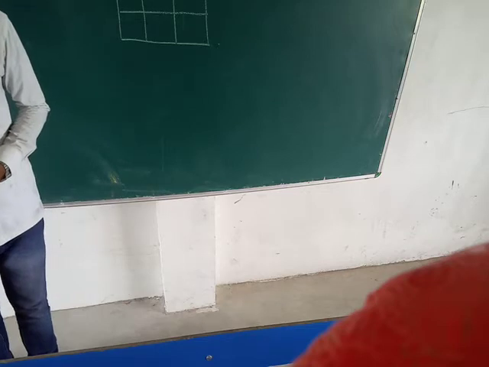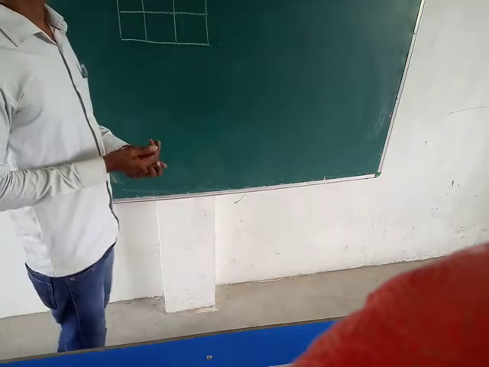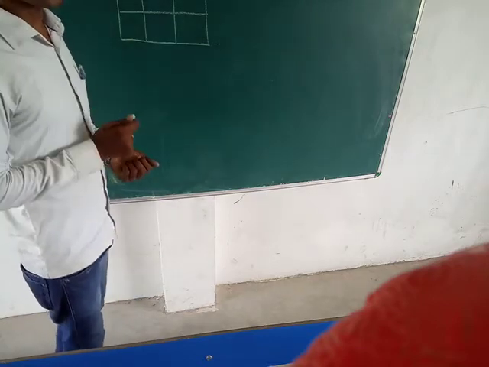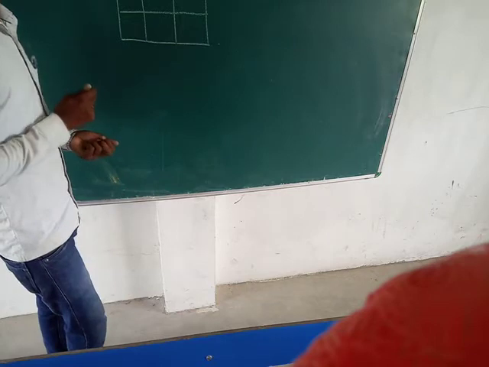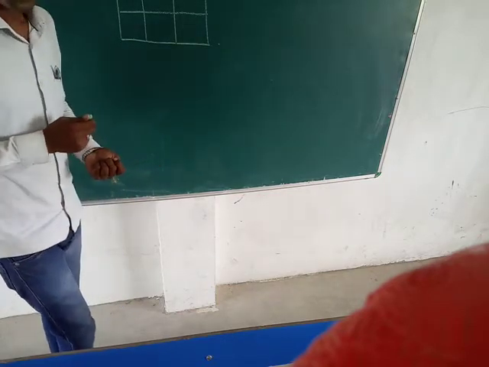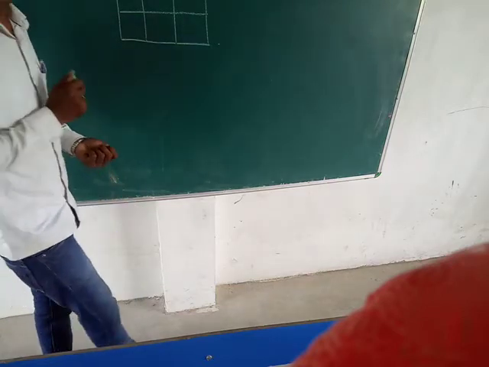In this question, we have given that if the sum of all rows, all columns and all diagonals is same, then we can say this square is a magic square.